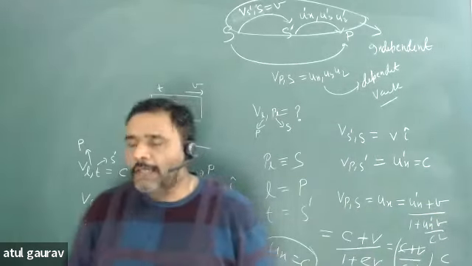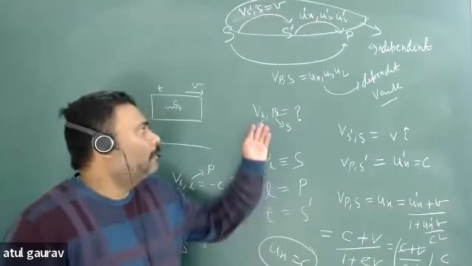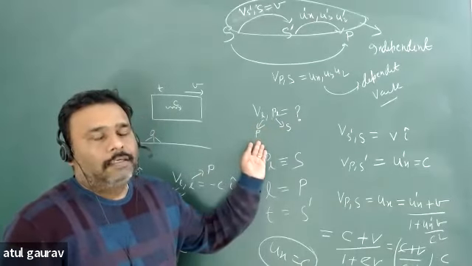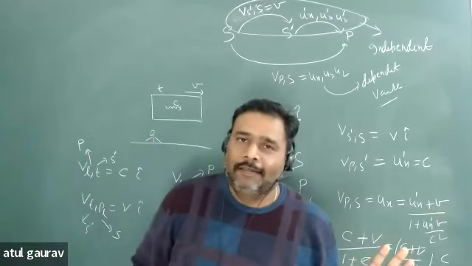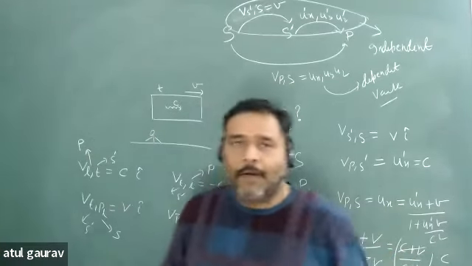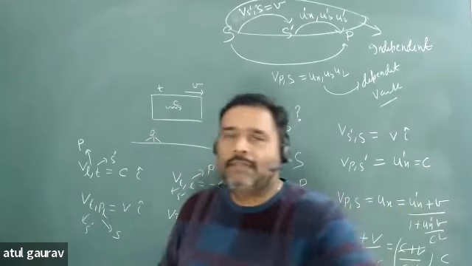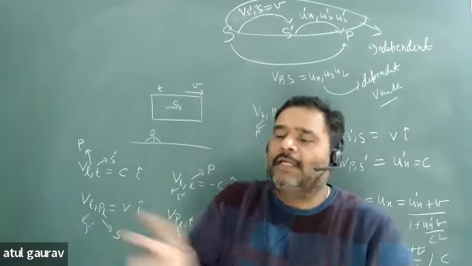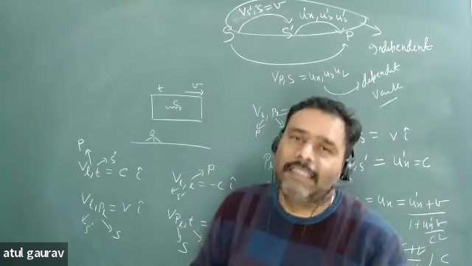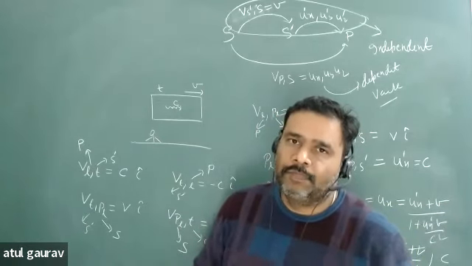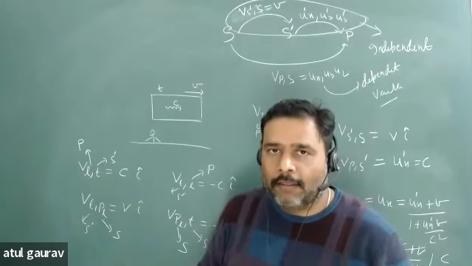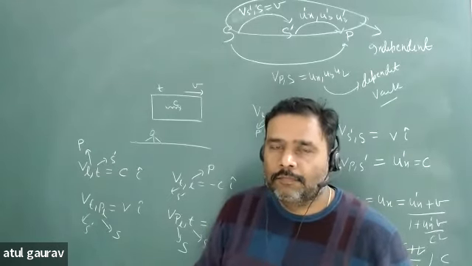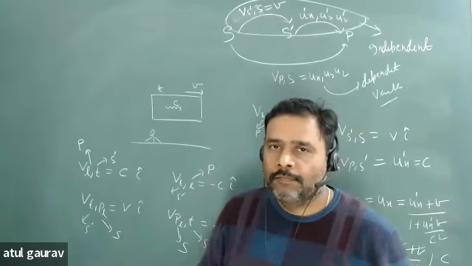So first, what you have to understand is what is your S and what is your particle, and this is given in your problem, don't worry. You can just read the problem and say this is my S frame, this is my particle, the remaining frame will always be S dash. Everyone is comfortable right now? Yes, sir.